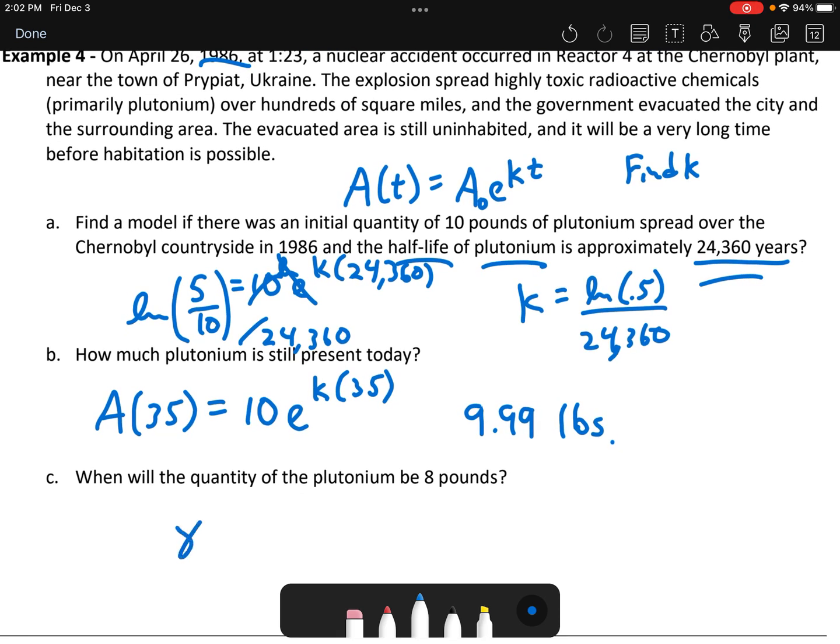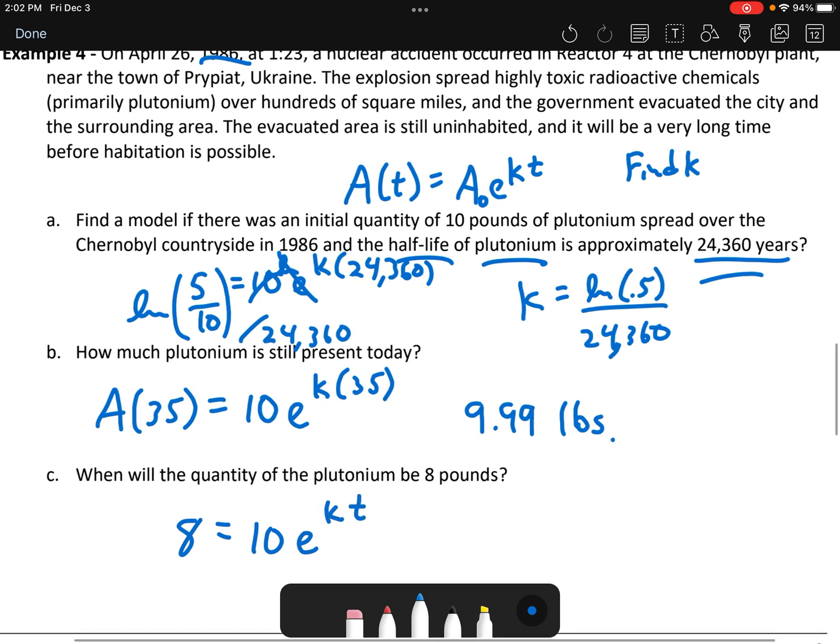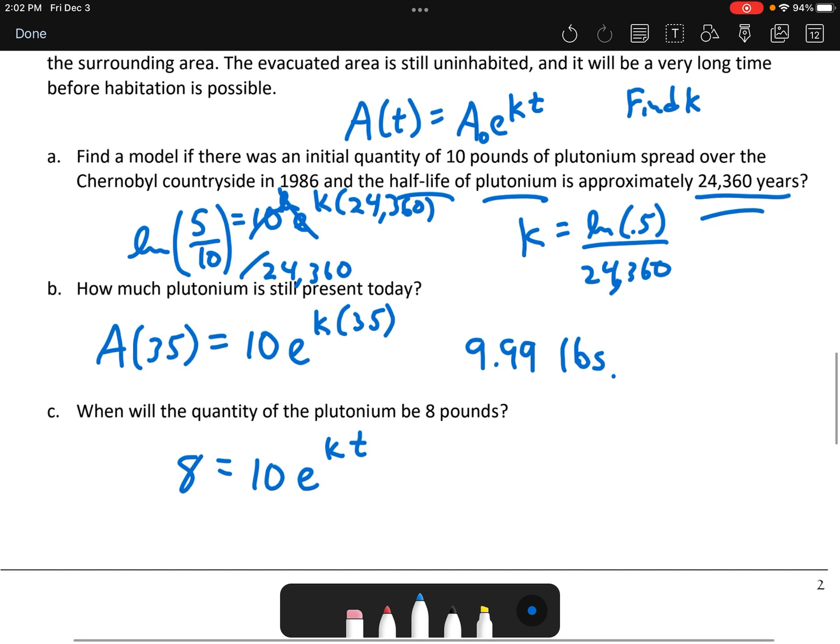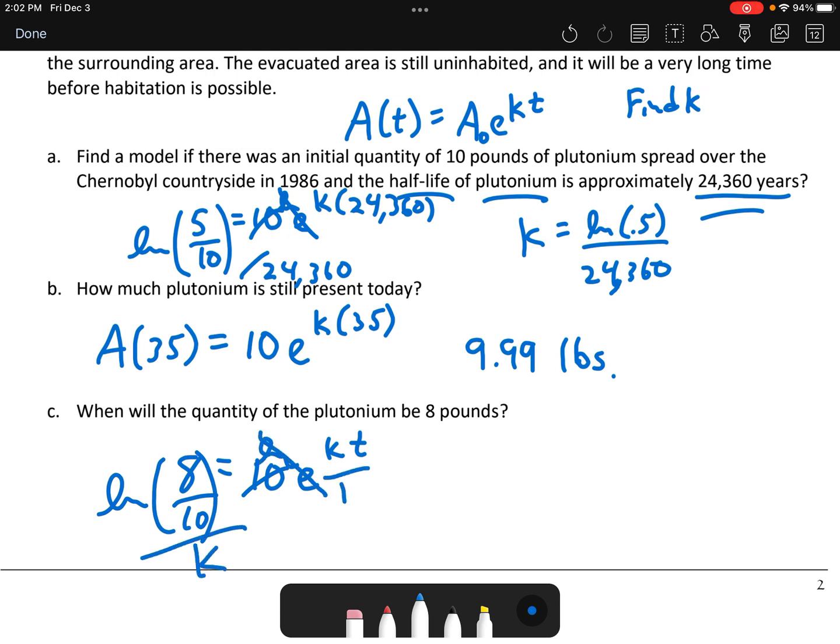Now C asks, when will it be 8 pounds? Okay, so we do the same thing, but now we're looking for T. So 8 equals 10e to the kt. So of course you divide by 10, natural log, divided by k, right?